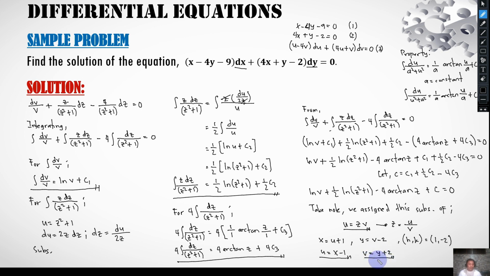So our target now, students, is this first: express z in terms of u and v, and after that, express u and v in terms of the x and y variables.